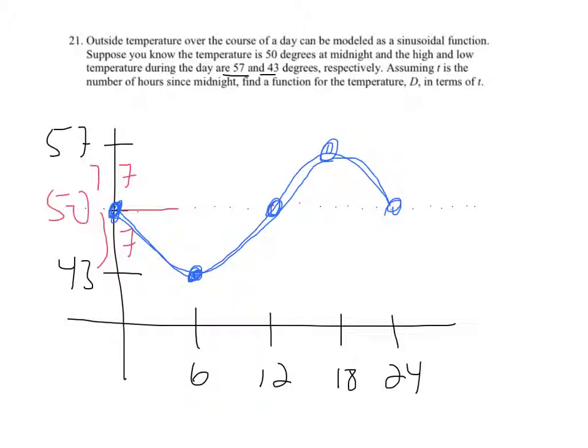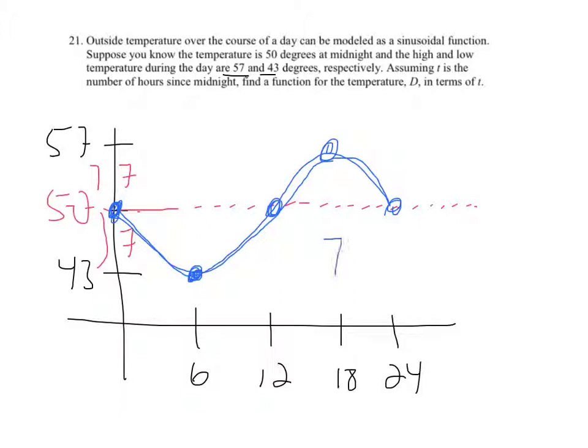Now they aren't telling me to use a sine or a cosine graph. I'm looking at this and I'm seeing that point in the middle is nice. Then it goes up and it goes down. So to me that looks like a sine graph that's been shifted to the right 12 units. So that's how I'm going to approach this.